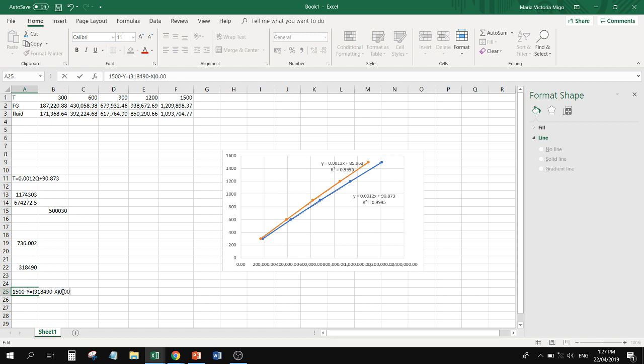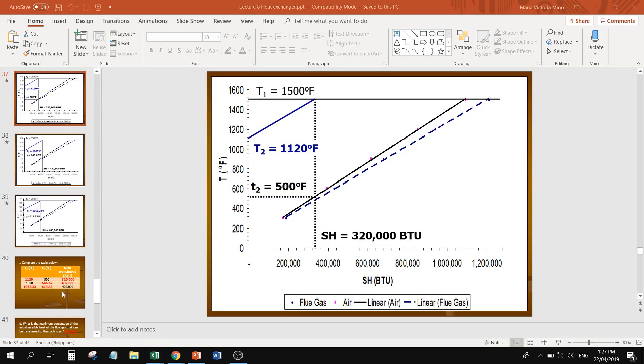So this is the equation supposedly of this line.